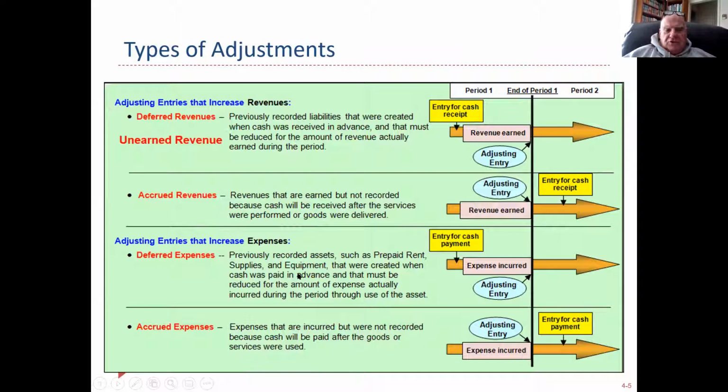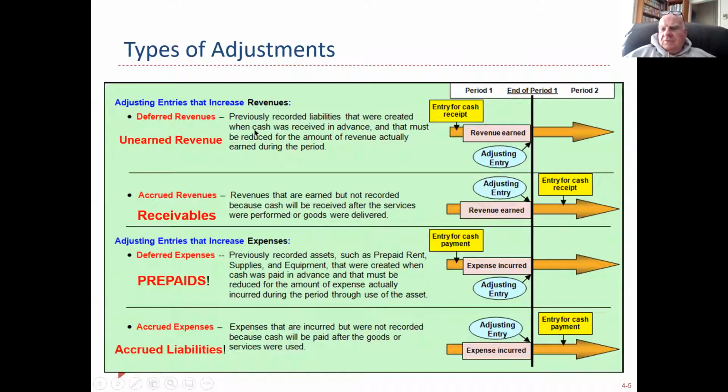Now, during the next year, you are going to be reducing that prepaid asset by $1,000 a month. And the journal entry will be a debit to insurance expense and a credit to that prepaid account, okay? Prepaid expenses, deferred.